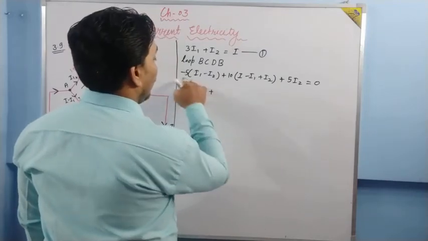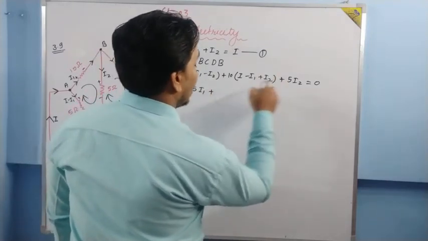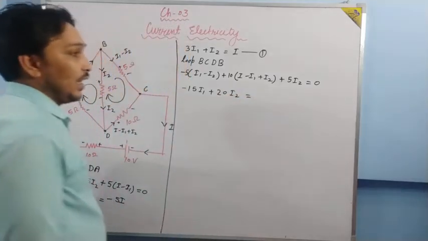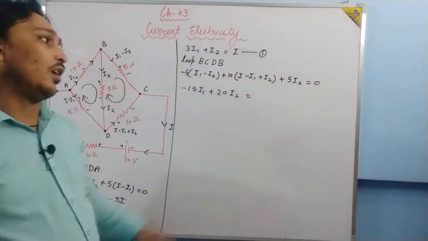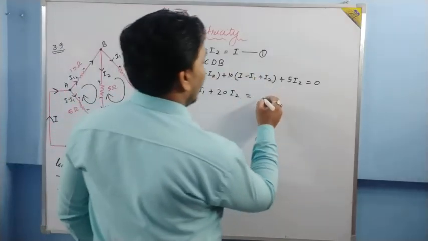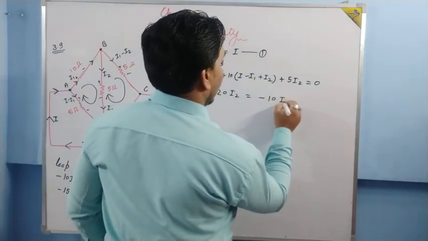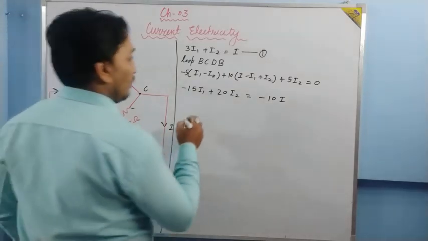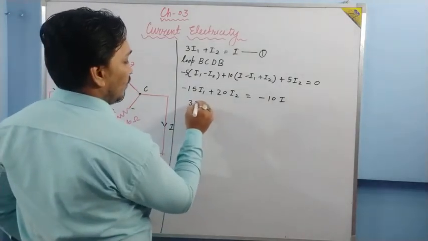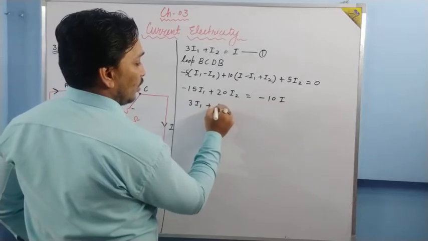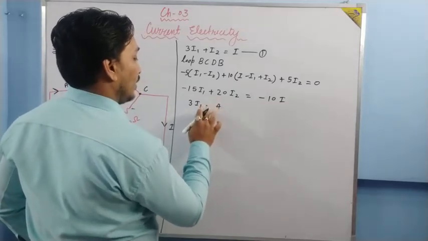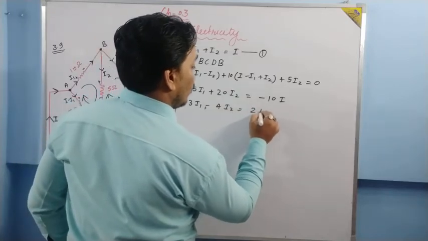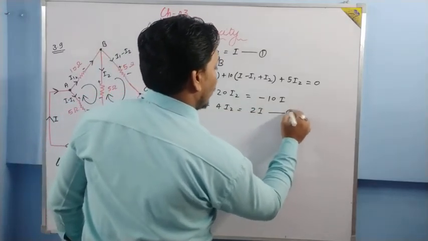It will become 5 plus 10, 15 plus 5, 20 I2 is equal to, what is the I we are getting here? 10I. 10I is transferred to that side, it will become minus 10I. Okay, now divided by minus 5, we will have 3I1 plus, no, it will become minus 4I2 is equal to 2I. This is your equation number 2.